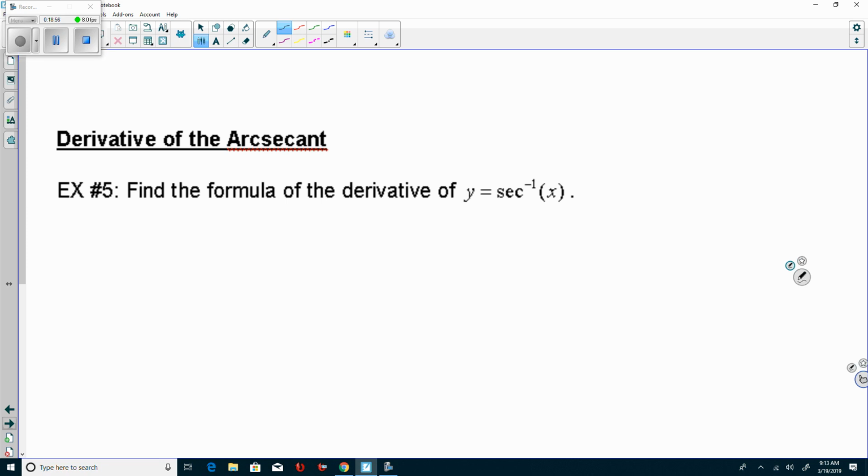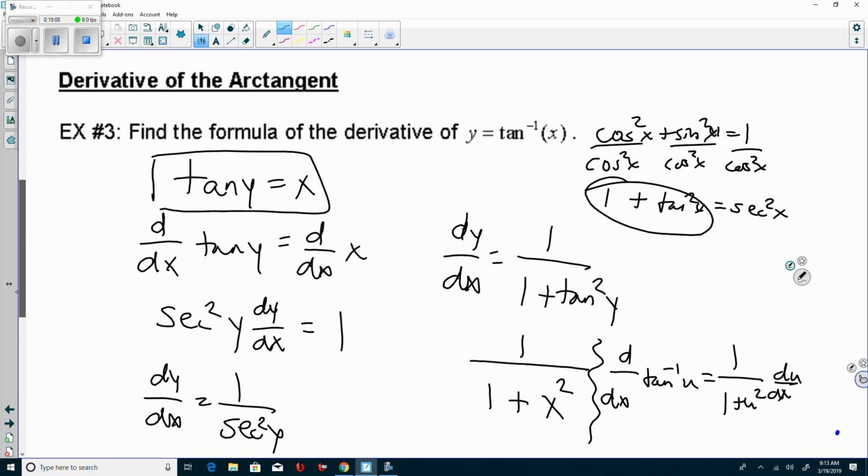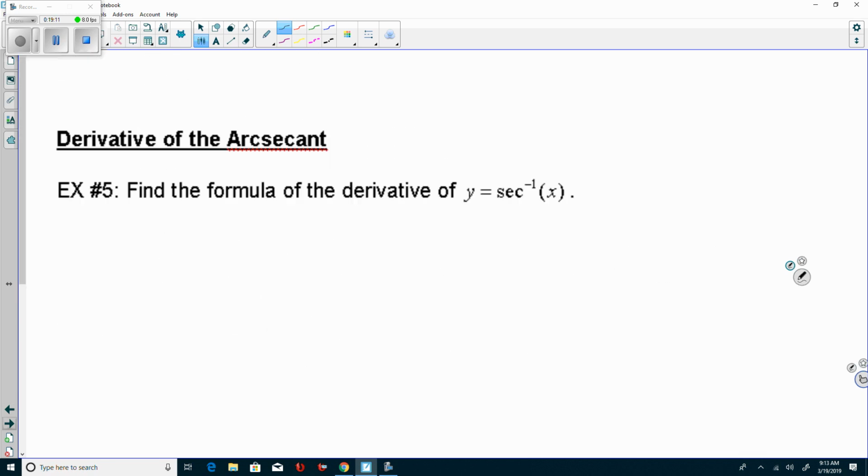Find the formula for the derivative of y equals secant inverse of x. So we follow along, and what did I do earlier? I was trying to be consistent here. So tan y equals x. So we'll say secant y equals x. Okay. So we switched them around, and we have your derivative.